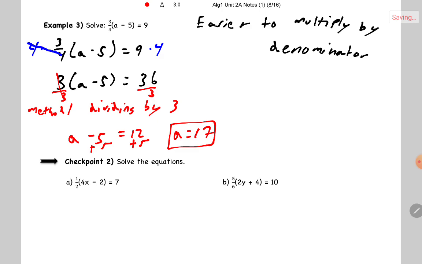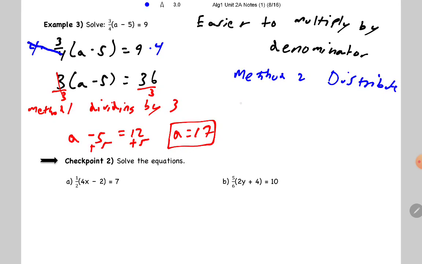So let's look at method 2. Let's do this in blue. Method 2, distribute. So once again I had 3 times the quantity a minus 5 equals 36. So I'm going to distribute. So I have 3a minus 15 equals 36.